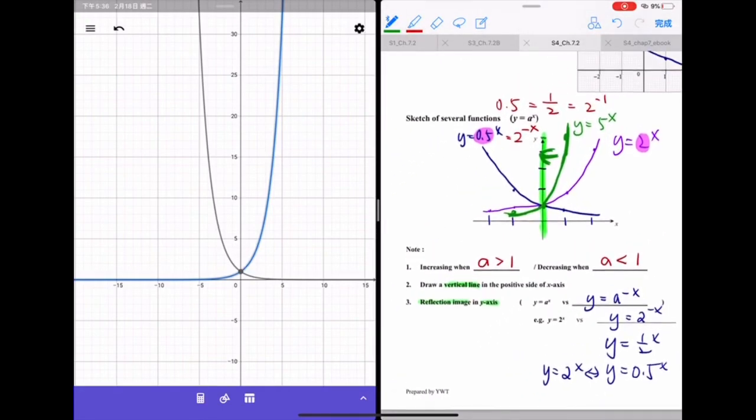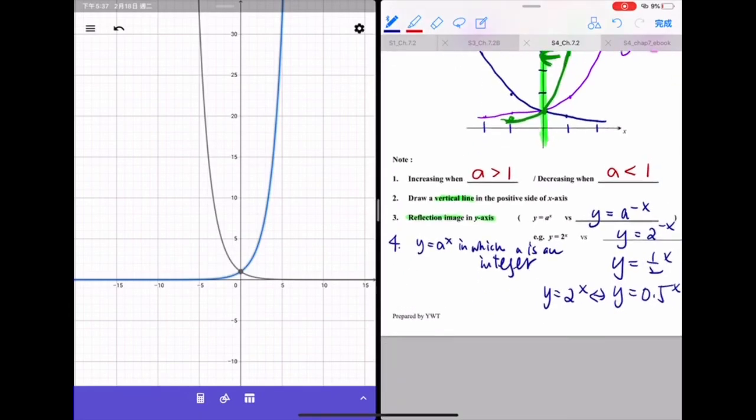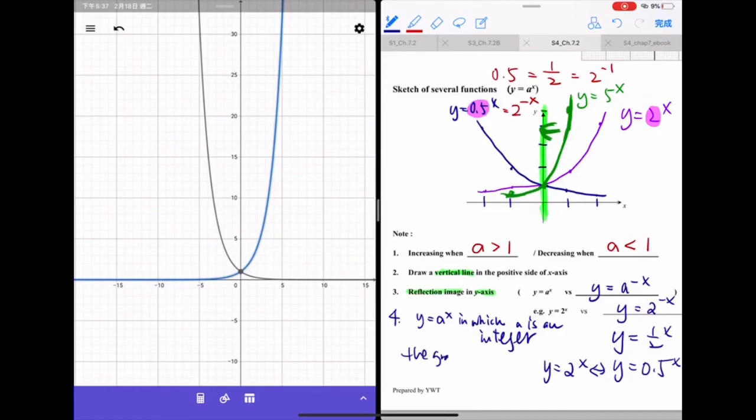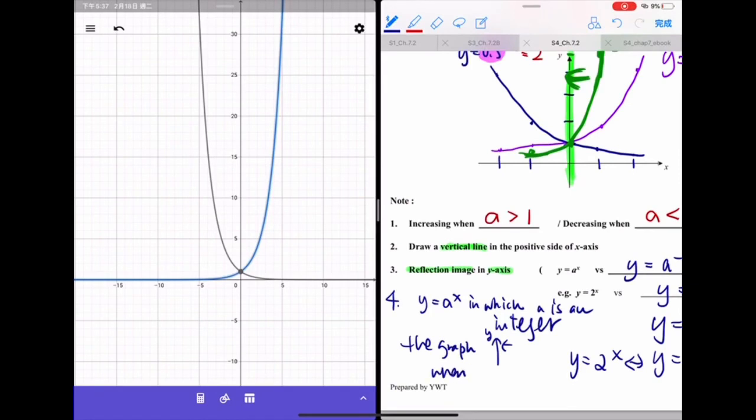Maybe I add one more point, which is 4, in which a is an integer. The graph will go towards the y-axis when a is increasing.